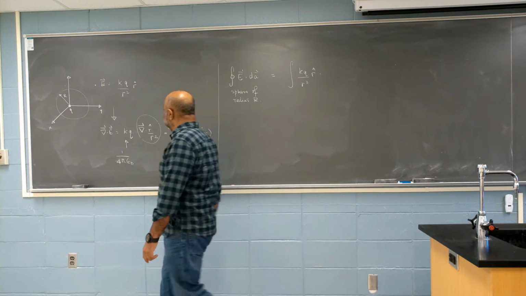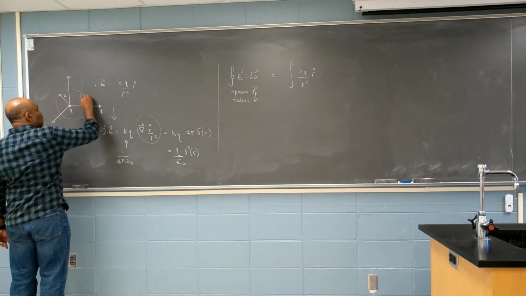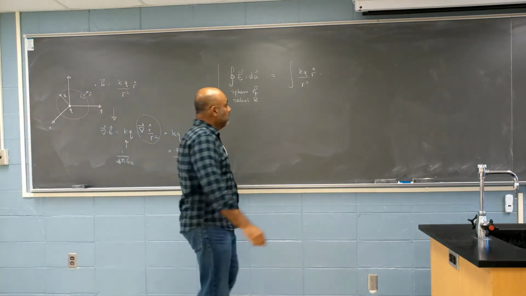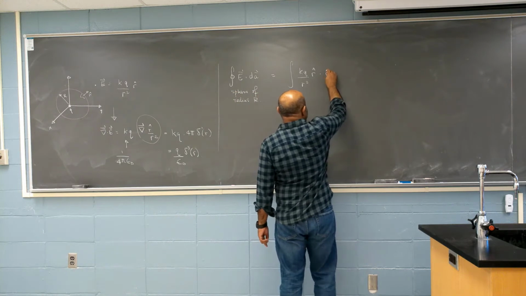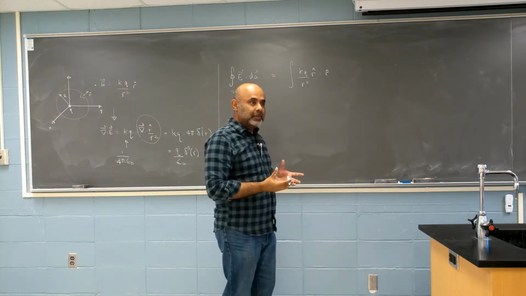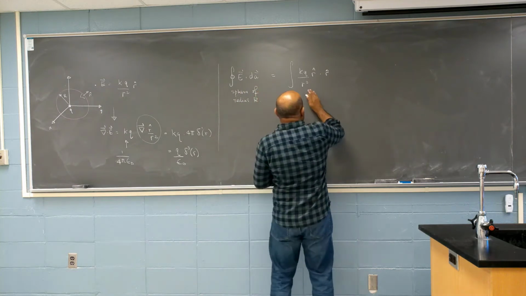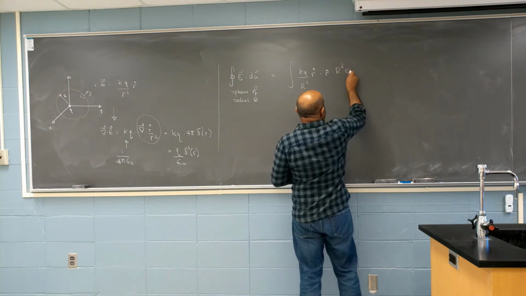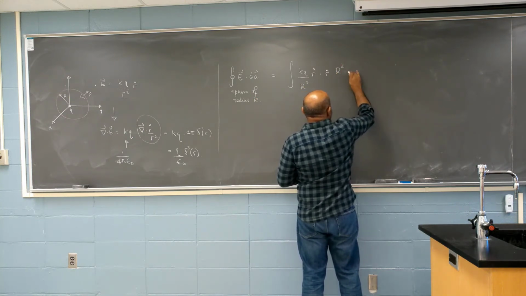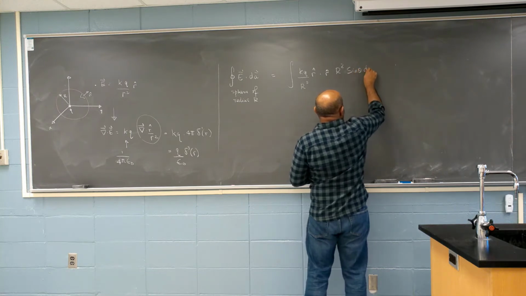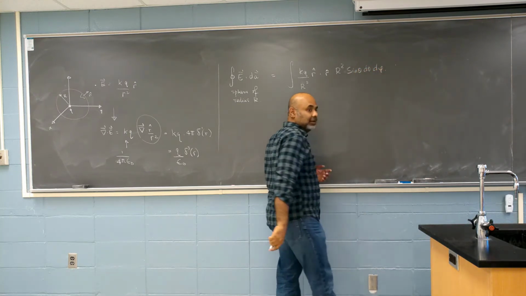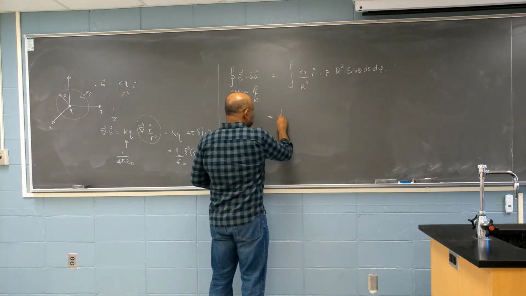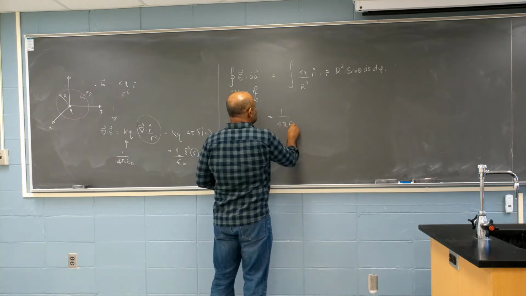Now dA is also in the R hat direction, so that works out very nicely. R hat. Now on a sphere, what's the radius? It is R, so again, this is also R squared. R squared sine theta d theta d phi. So let me write this as 1 over, because 4 pi always cancels.